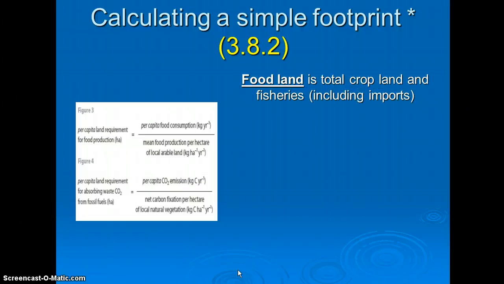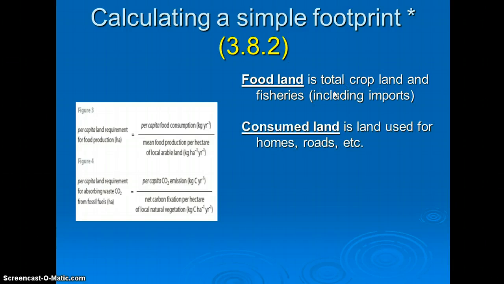For instance, when you did it in class, you had to survey the types of food you ate, which is related to how much cropland and fisheries are needed for the things you eat, whether it's vegetables, meat, or fish. Those things are also going to include any imports that your population required. That food land is really a big deal, and more meat is going to increase that food land a lot.